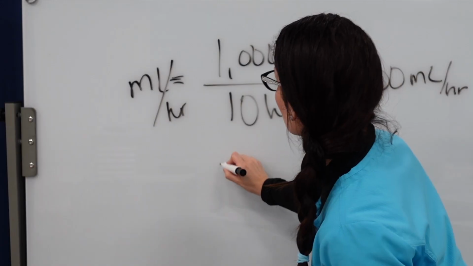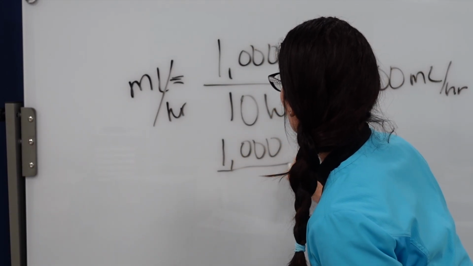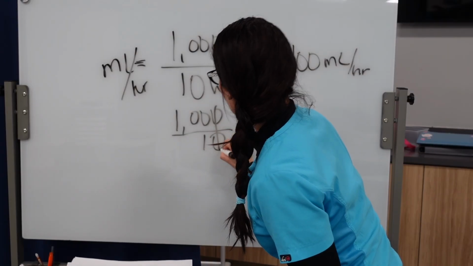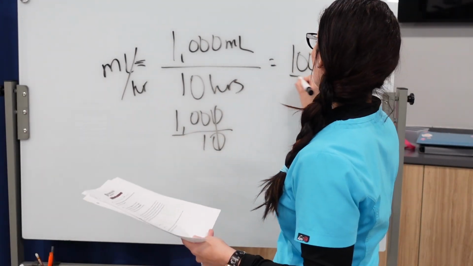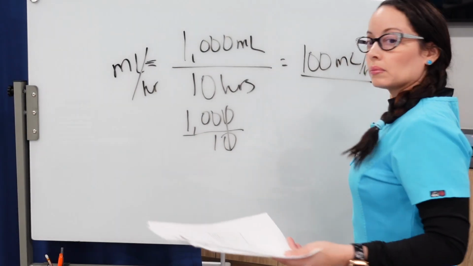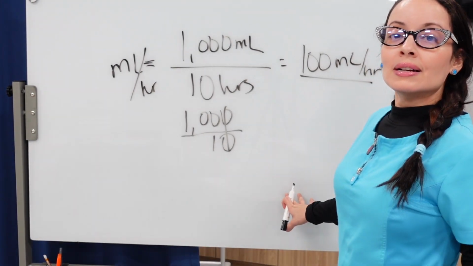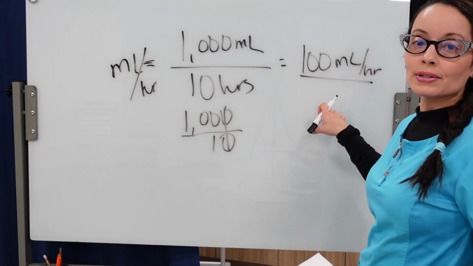A fun little math trick is if you align your zeros, you can cancel them out, and then 100 divided by 1 is 100, and you don't even need to use a calculator. So for this one, it's 100 mLs per hour.